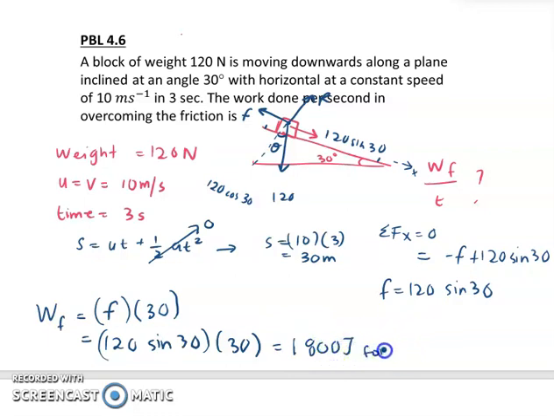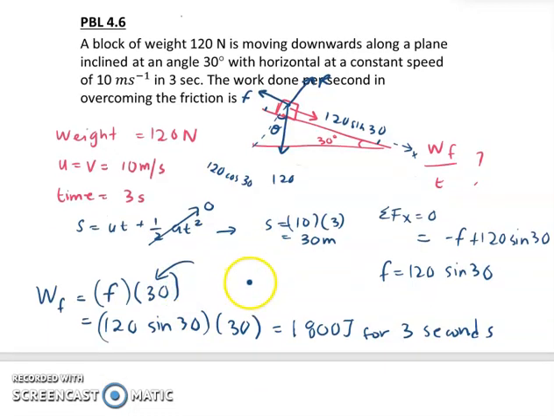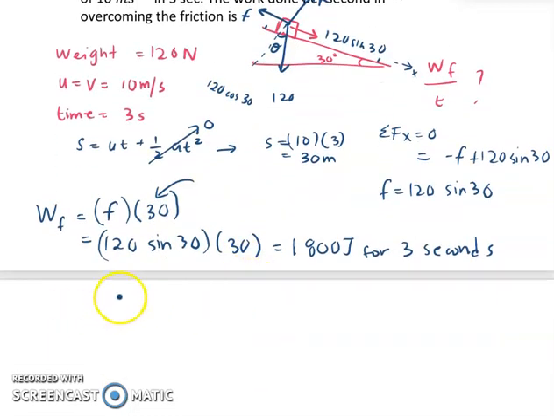This is for 3 seconds, because this was the work done that we achieved in 3 seconds. Remember, we calculated the distance for 3 seconds, and this refers to the work done that we achieved in 3 seconds. So now the question is asking you, what is the work done per second?